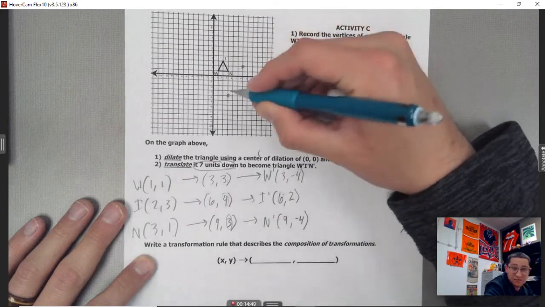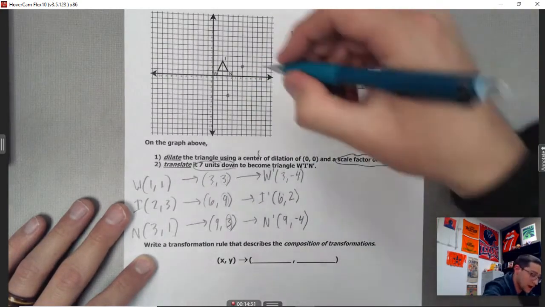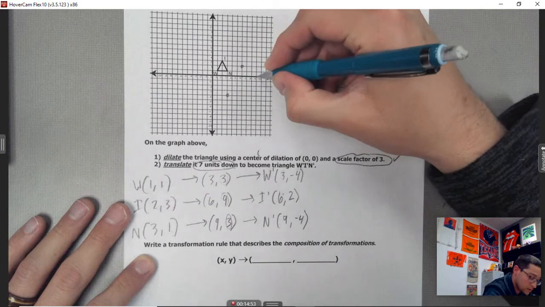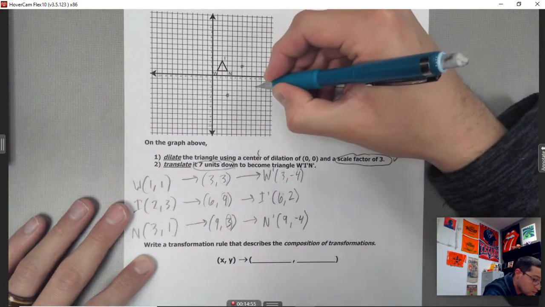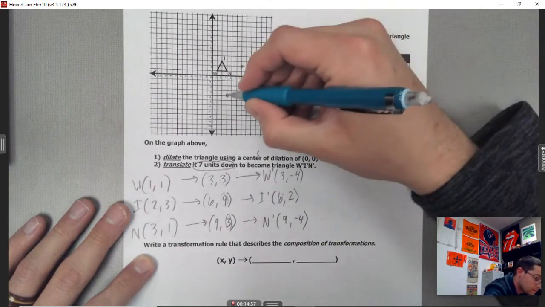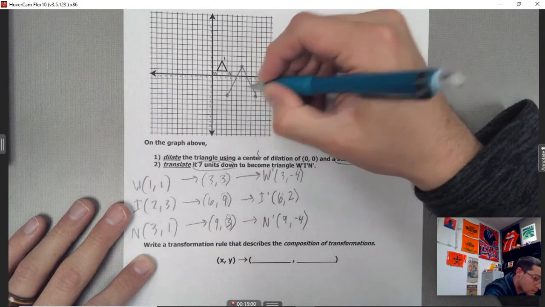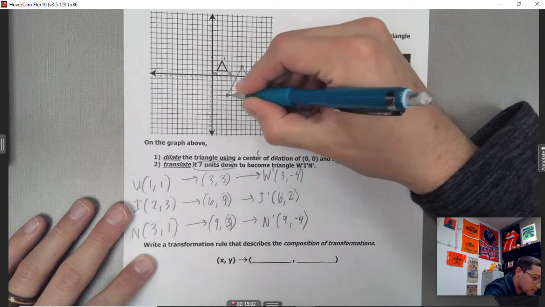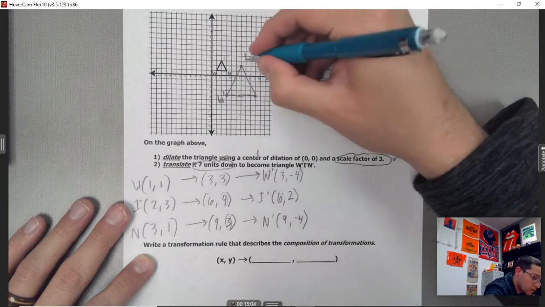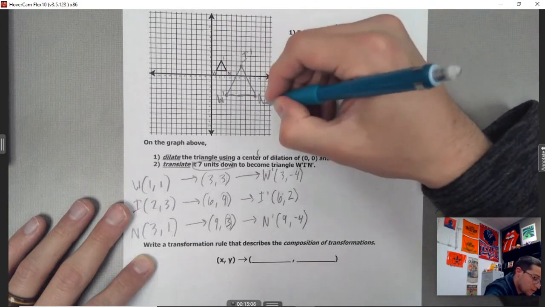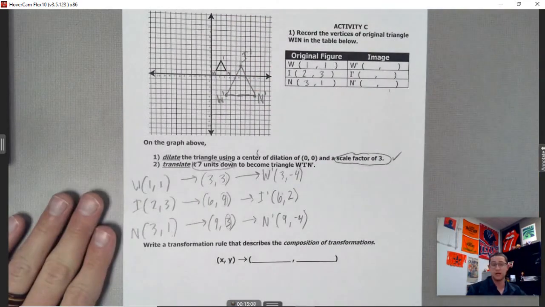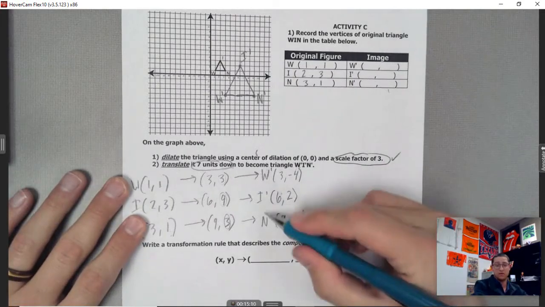We can already see that that's bigger than what we had before. The 9, 3 over, and then down 4, 1, 2, 1, 2, there it is. There is my bigger triangle. W prime, that's I prime, that's N prime. Okay? That's my final product with those coordinates.